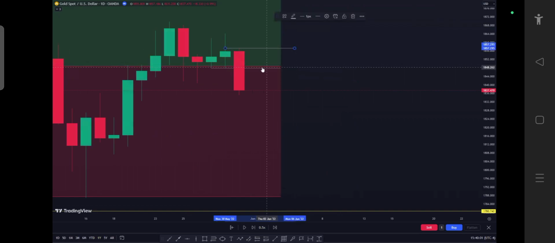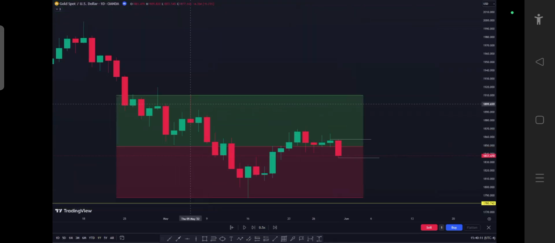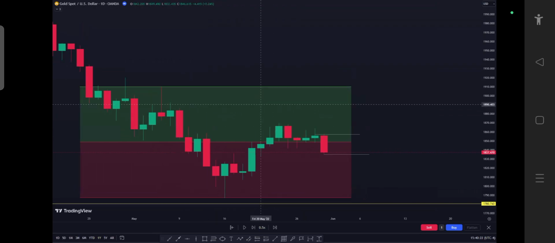Now we have traded below this low on a closing basis, and from this high to this low, we are above the premium, and we have reached the target also. Now, don't take me wrong. Yes, you are right by saying this.